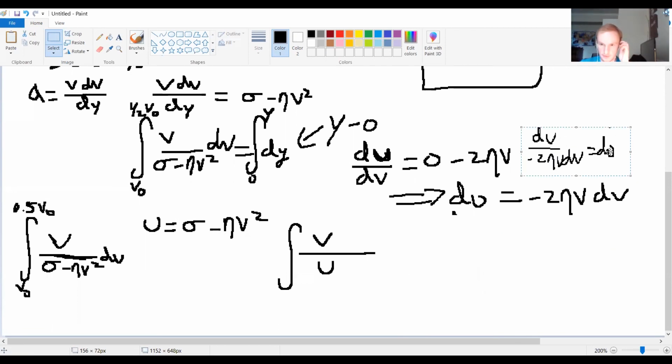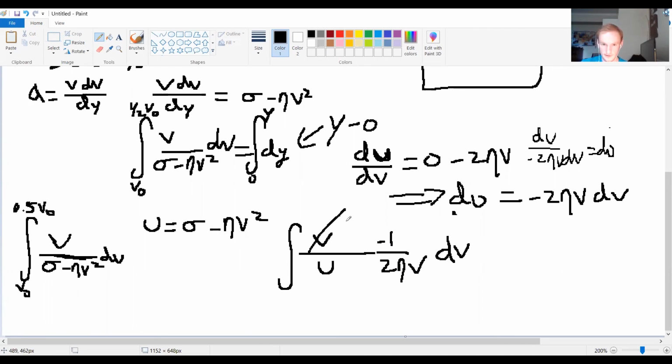So we're going to plug in this term, which is going to give us that v up on top multiplied by this negative 1 over 2n v, and then all that multiplied by dv.